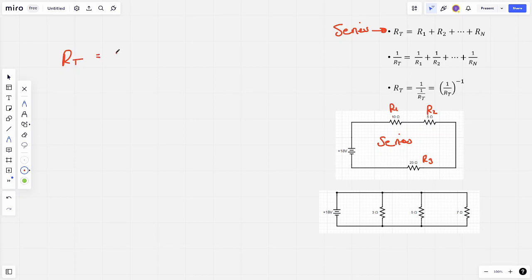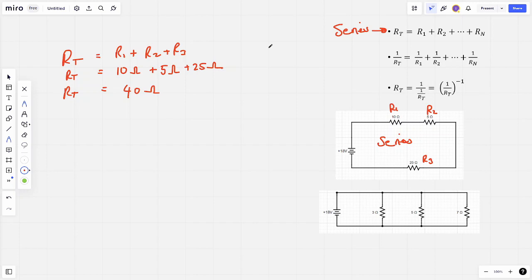We've got total resistance equals R1 plus R2 plus R3. RT is then equal to R1, which is 10 ohms, plus R2, which is 5 ohms, plus R3, which is 25 ohms. So if we add the total, RT is equal to 10 plus 5, which is 15, plus 25, which is 40 ohms.